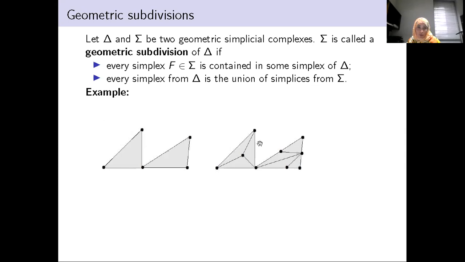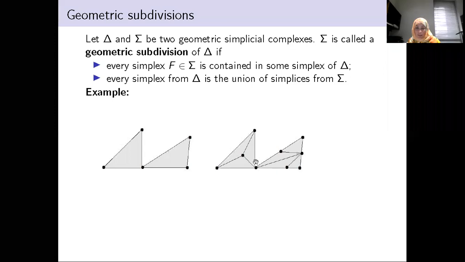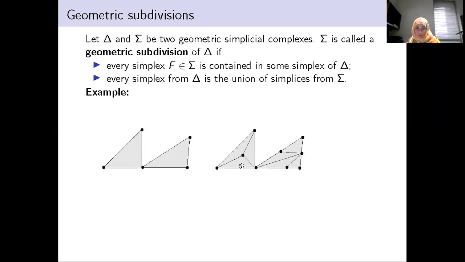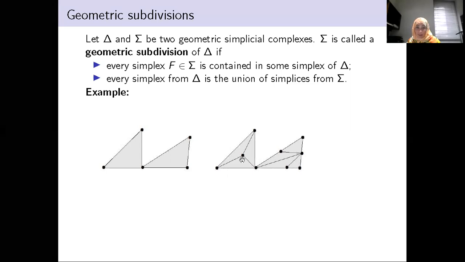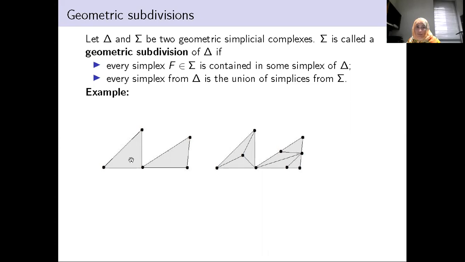To see what the definition is saying, suppose you have this simplicial complex and this is some subdivision. If you consider a face in this subdivision, it is part of a simplex in the original.